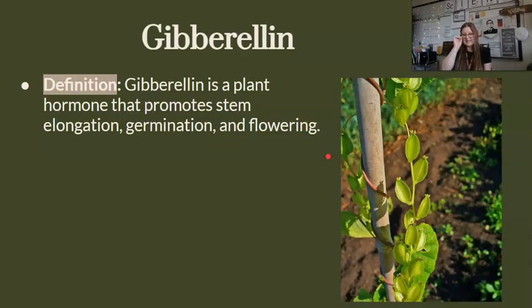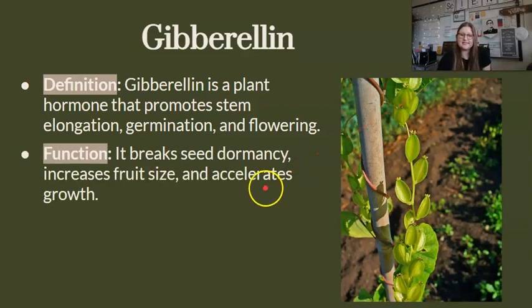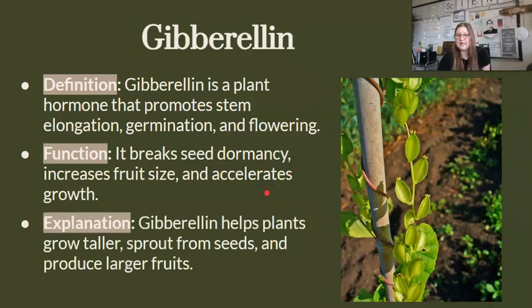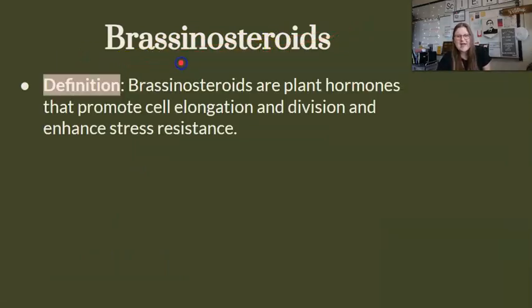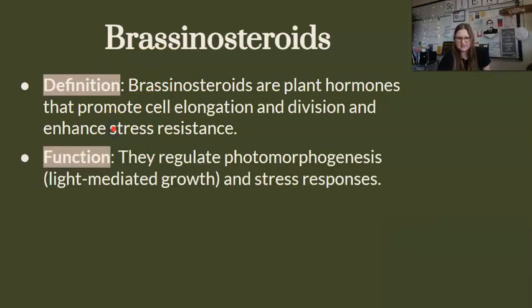All right, gibberellin is a plant hormone that promotes stem elongation, germination, and flowering. It breaks seed dormancy, increases fruit size, and accelerates growth. Gibberellins also help plants grow taller, sprout seeds, and produce larger fruits. And then the best one to say, the brassinosteroids are plant hormones that promote cell elongation, division, and enhance stress resistance.